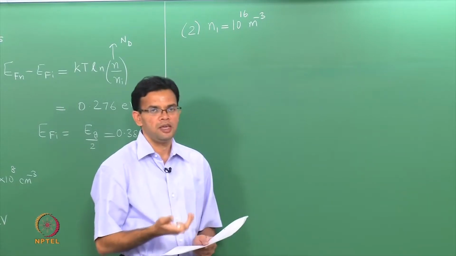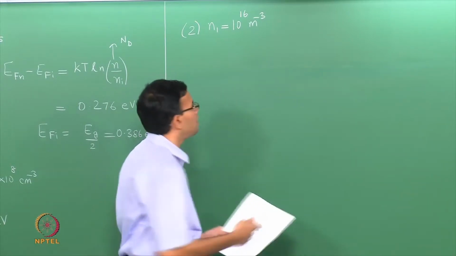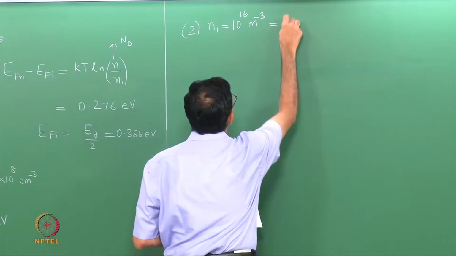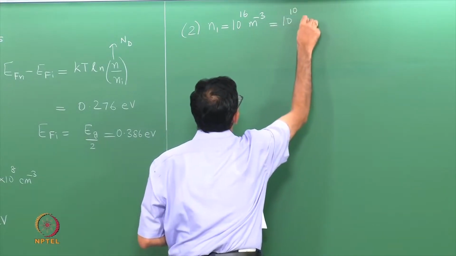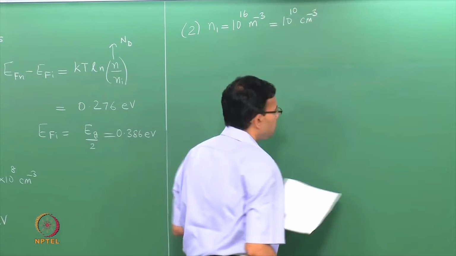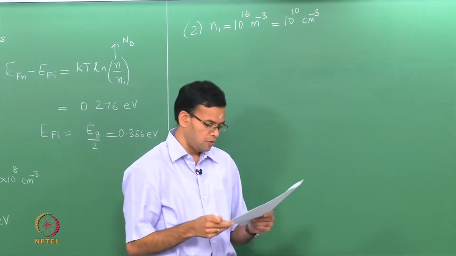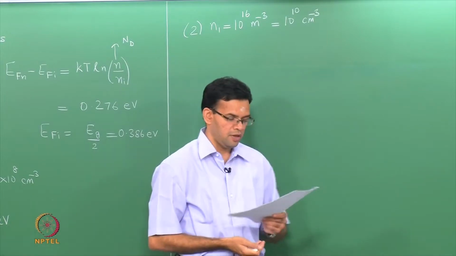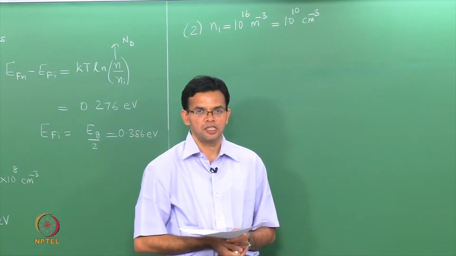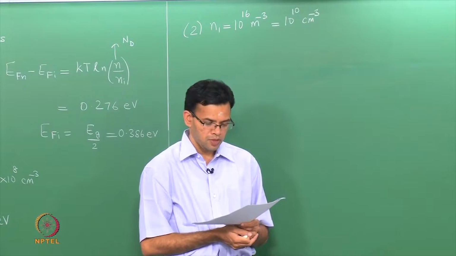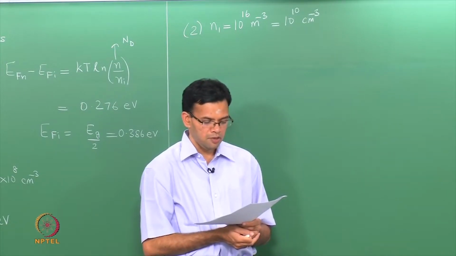We can keep this as meter cube, or we can convert it to centimeter cube, so this will be 10 to the 10 per centimeter cube, but for now we will just work with per meter cube. A semiconductor with Ni equal to 10 to the 16 per meter cube is doped with acceptor impurities.